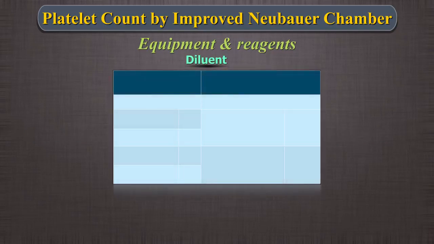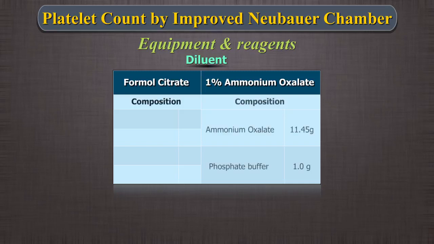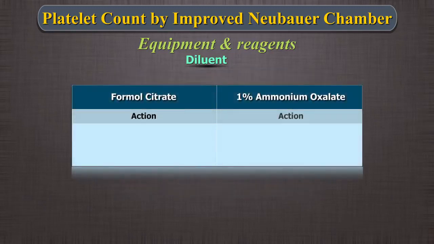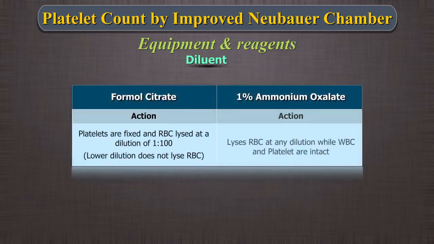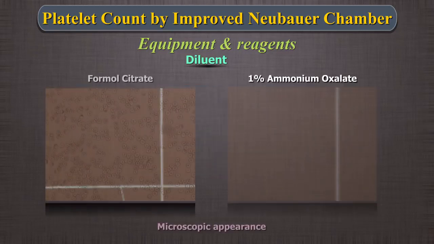Let's now see the difference between the formal citrate and 1% ammonium oxalate. Formal citrate. Composition: trisodium citrate 3%, NaCl 1%, formaldehyde 1%, detergent 1%. Action: platelets are fixed and RBC lysed at a dilution of 1:100.